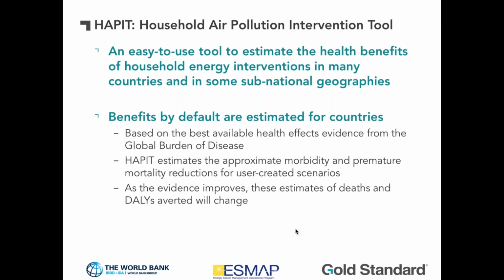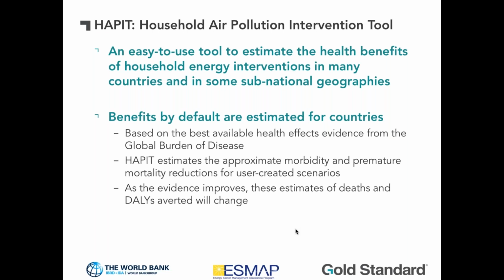And what it does is that it estimates the health benefits by default for the countries for which the background information is available within the HAPIT system. These health benefits are estimated based on the best available health effects evidence from the global burden of disease.